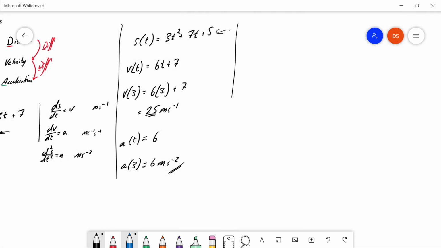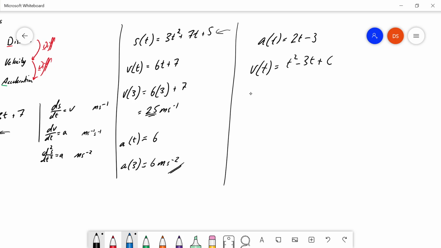Now, I can anti-differentiate. If I were to give you the acceleration of something was this, then if I wanted to find the velocity, I would anti-differentiate: add 1 to the power, divide by the new power, add 1 to the power, divide by the new power, plus c. Sometimes we're given information to find that c.